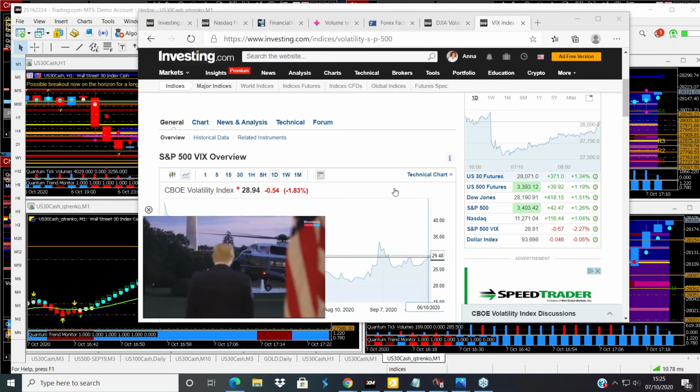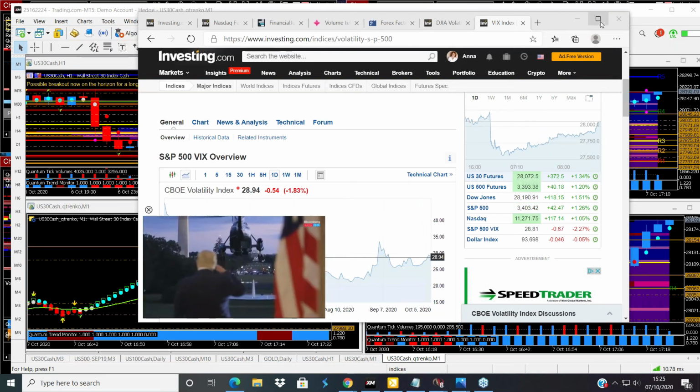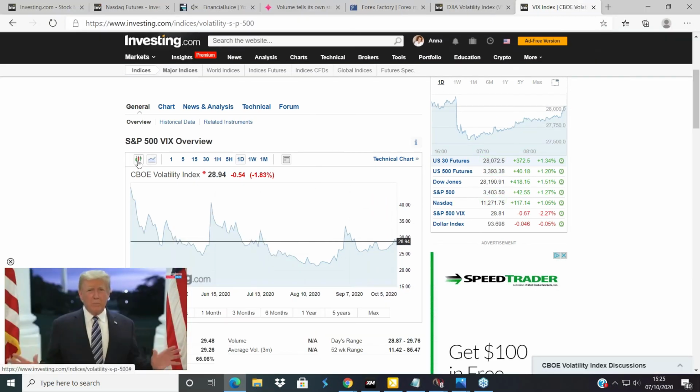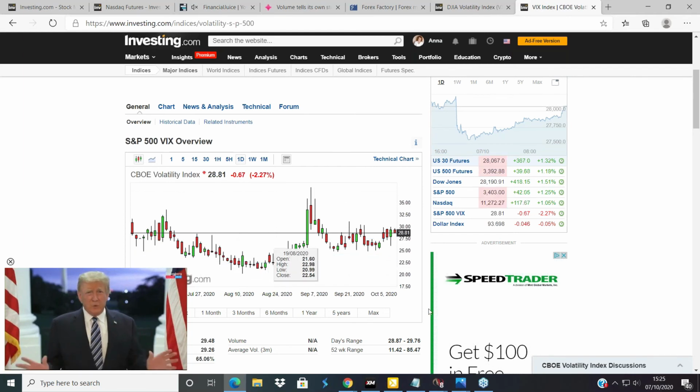Apologies about that. You can simply follow the VIX, which is, strictly speaking, the CBOE volatility index for the S&P 500.